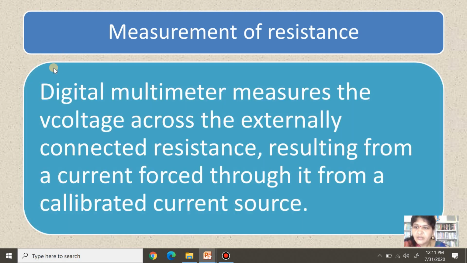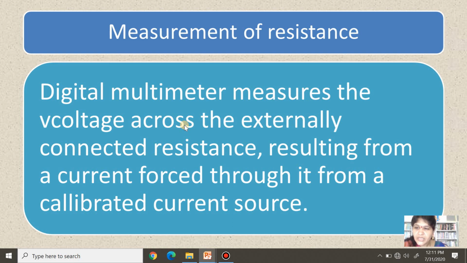Next we go for the measurement of the resistance. Resistance is again measured using Ohm's law, V is equal to IR, so R will be equal to V by I. We want the value of the voltage and the current, so the resistance we want to measure is connected to the digital multimeter, which measures the voltage across this externally connected resistance.